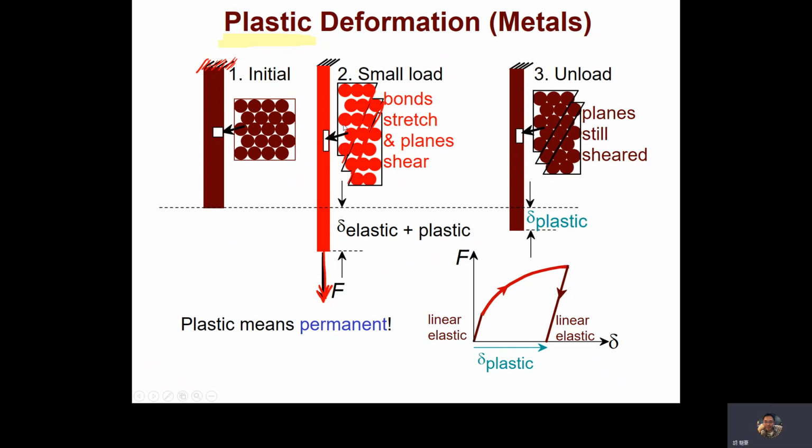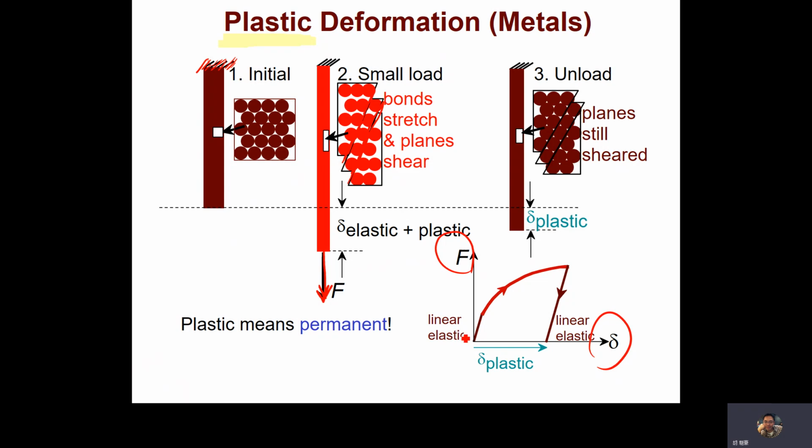When the force is released, the length change will not return to its initial length, and the remaining length change is called plastic deformation. So from the force versus the length change, what is its behavior?